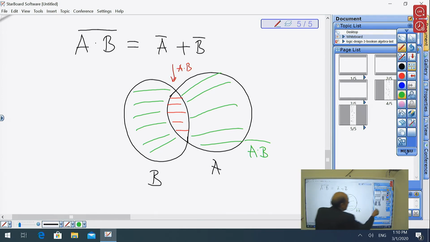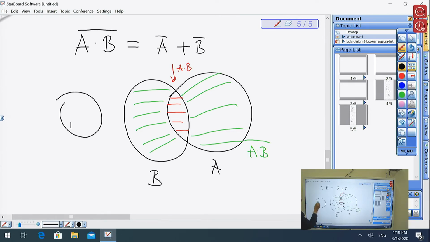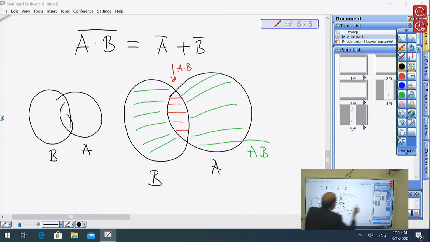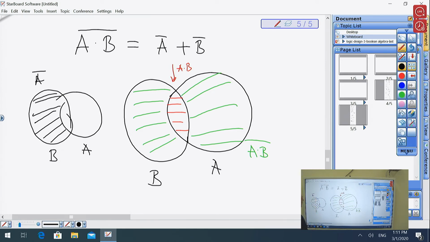Now, we have another circuit, A, B. This part is not A. This is not A. And this part is not B. Not B. If we OR them, we obtain the same here as in the green.